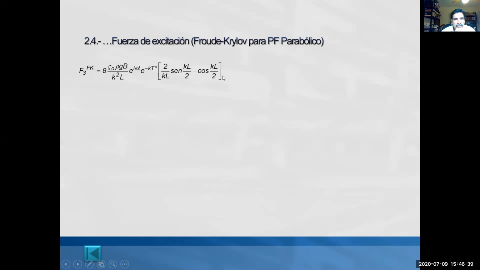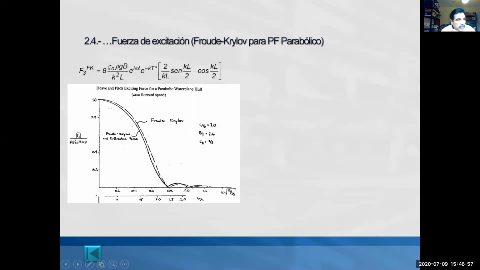This is the expression for this very simple geometry. Sides are vertical and the water plane is parabolic. Here, I don't remember what the reference is, but this is the Froude-Krylov, and this is the diffraction plus Froude-Krylov for a parabolic plane.